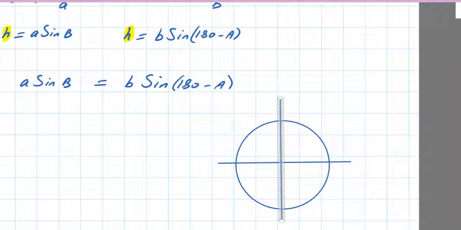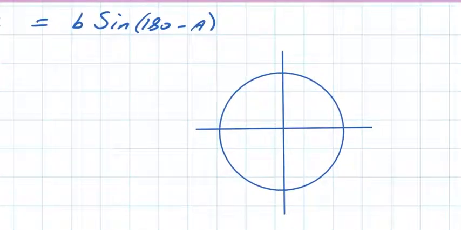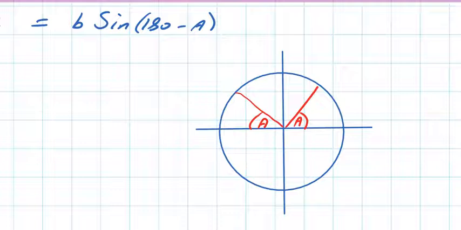So if we go back here for a sec, if I put in an angle A here, and if I come over and by symmetry have the same angle A here, well then there's 180 minus A. So from there to there is 180 minus A. That'll bring you to here.